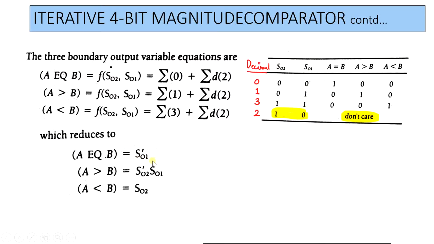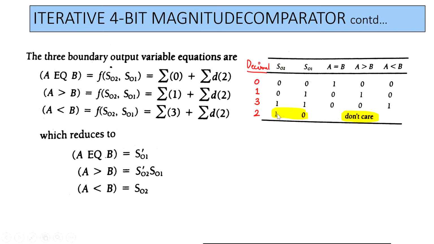That is why this is equal to SO1 bar. For A greater than B, I have SO2 bar and SO1. So if I am considering this particular case, this will be 0 1, or vice versa. If I am considering the don't care term, this will be 1 0. Whereas for A less than B, I have the term to be equal to SO2. That is because between the decimal notation 3 and 2, you have SO2 which is remaining stable to be equal to logic 1.